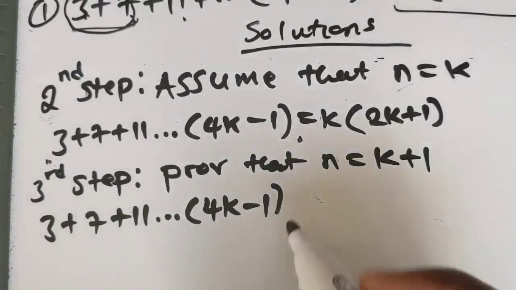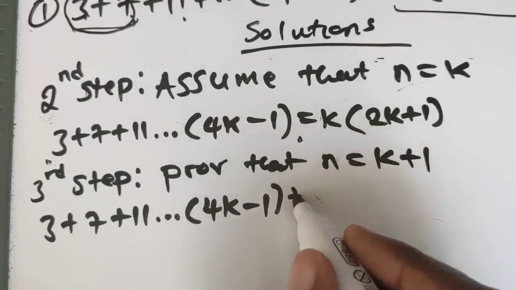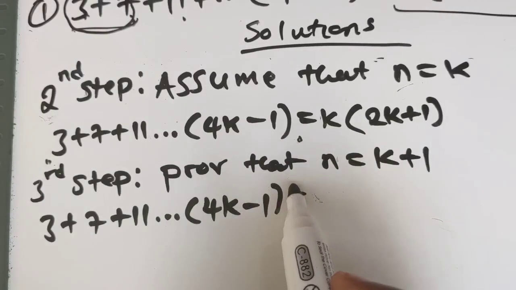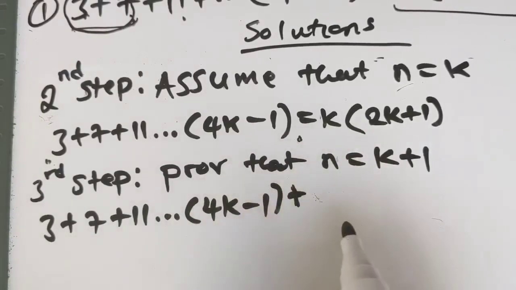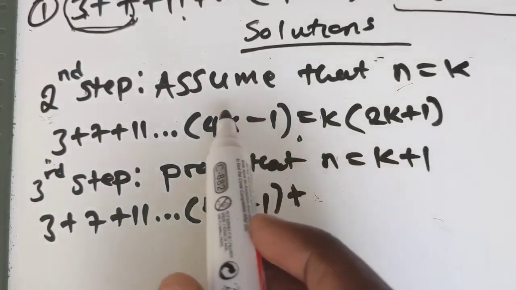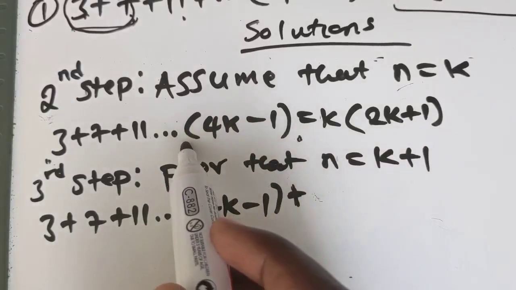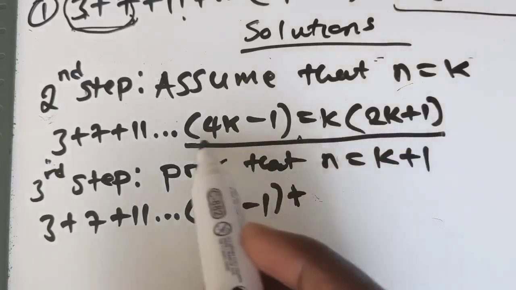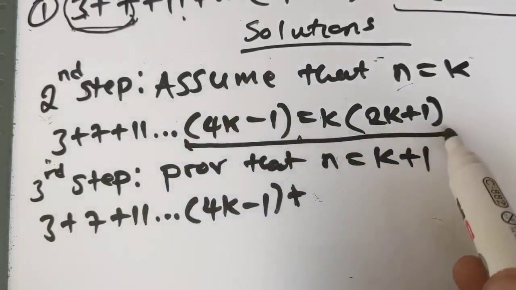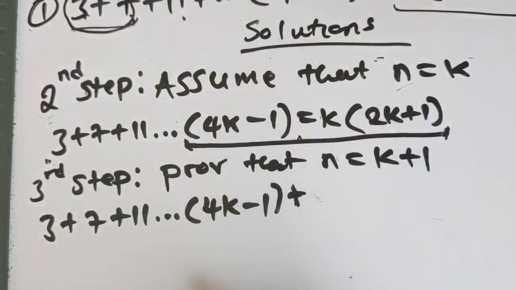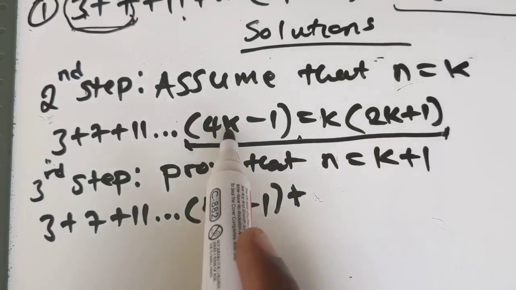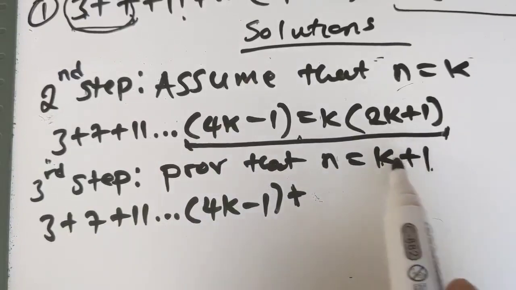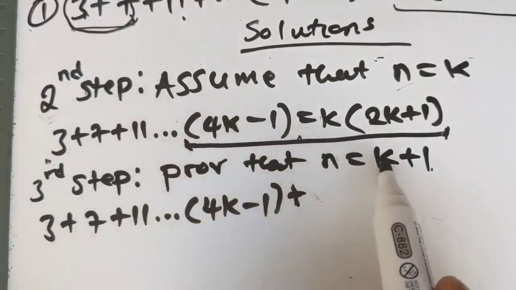Then you need to add another term. You need to be careful. What you're supposed to do is to add another term. Adding another term, you're going to start from here to here. But where there is k, you need to put k plus 1.